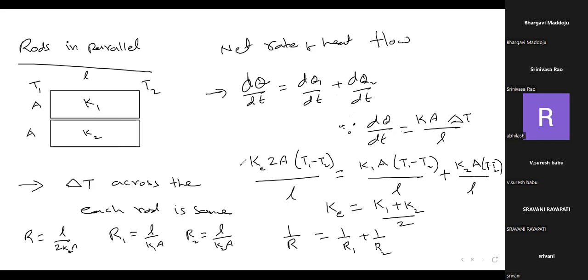Based on these two points, we have to solve the problem. Another point is 1 by R equals 1 by R1 plus 1 by R2. This is the case when the rods are connected in parallel.